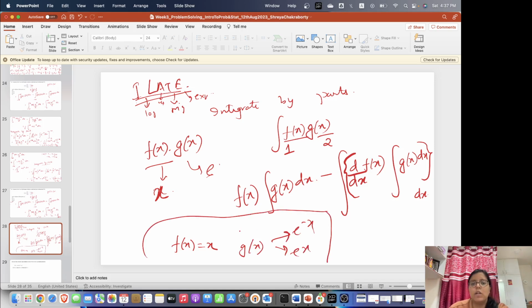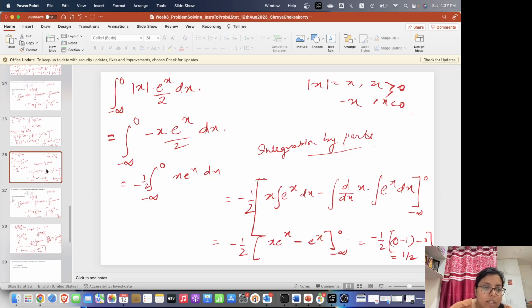So first we took the function as it is, integrated in terms of e to the power x dx, minus within integration first we differentiated the function x and then again integrated the exponential function, then that entire thing whatever we got, we again integrated.